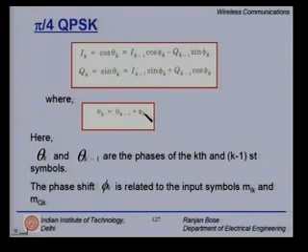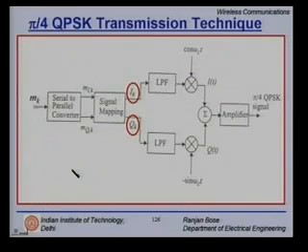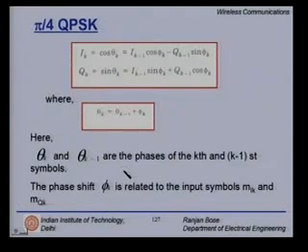What are these theta_k's and theta_{k-1}'s? Theta_k and theta_{k-1} are the phases of the kth and (k-1)th symbols. The phase shift phi_k is related to the input symbols m_I,k and m_Q,k. These m's are the bits we saw in the previous slide coming here, which go through the signal mapping block to give you I subscript k and Q subscript k.